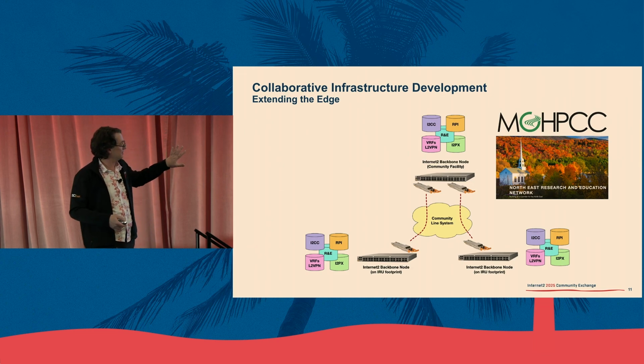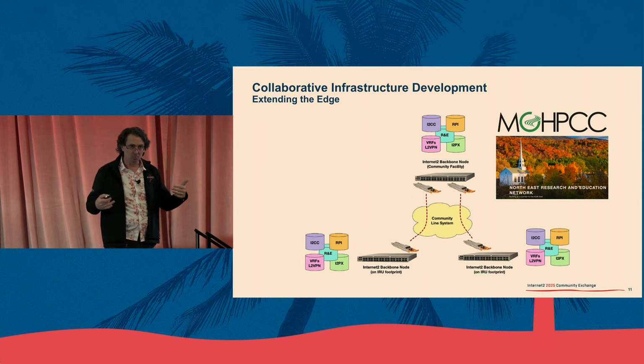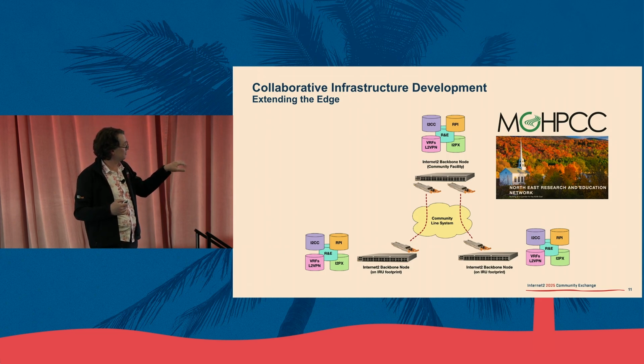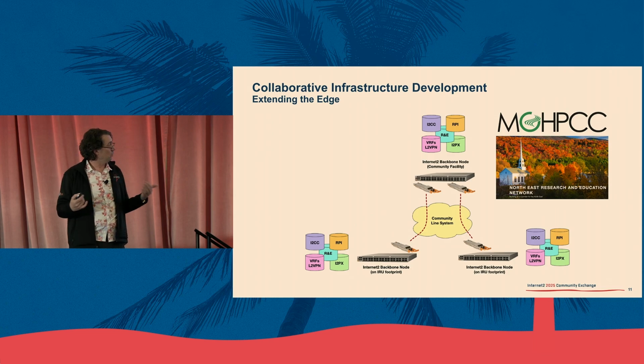It's actually a line system operated by NERIN, the Northeast Research and Education Network. They had an application where they wanted Internet2 services and their own private services configured at one of their data centers. They wanted to leverage the Internet2 platform and the Insight Console software tools, and so they asked us to extend the platform into their facility.